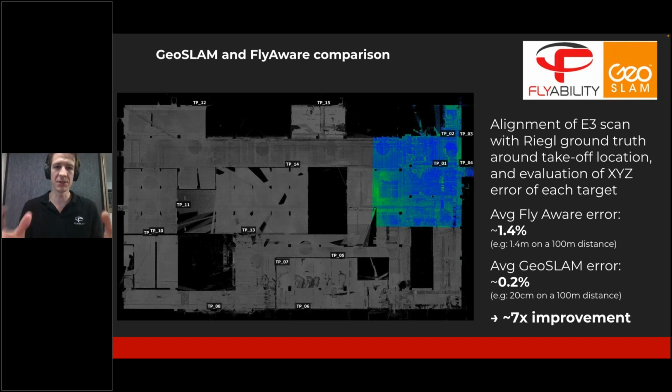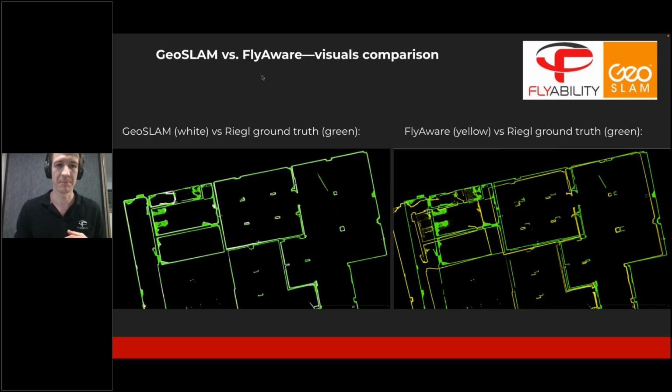There is a visualization of what that error looks like on the next slide, where you can see on the left the GeoSLAM model versus the ground truth, the ground truth being in green and the GeoSLAM model in white. You can see they match for the most part.